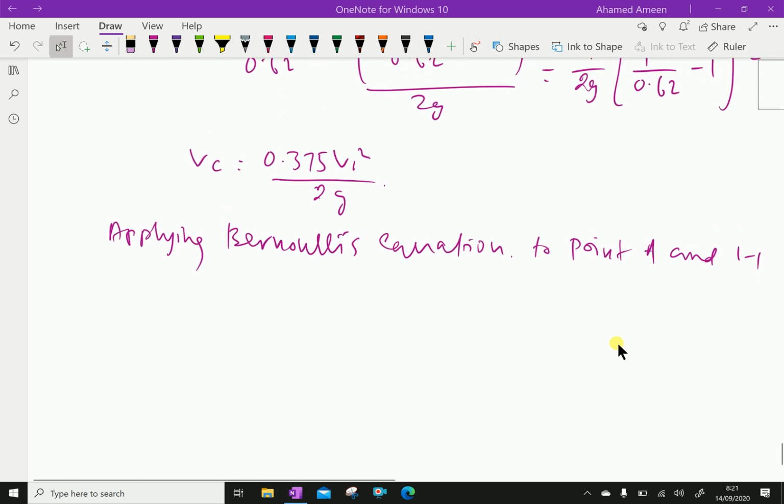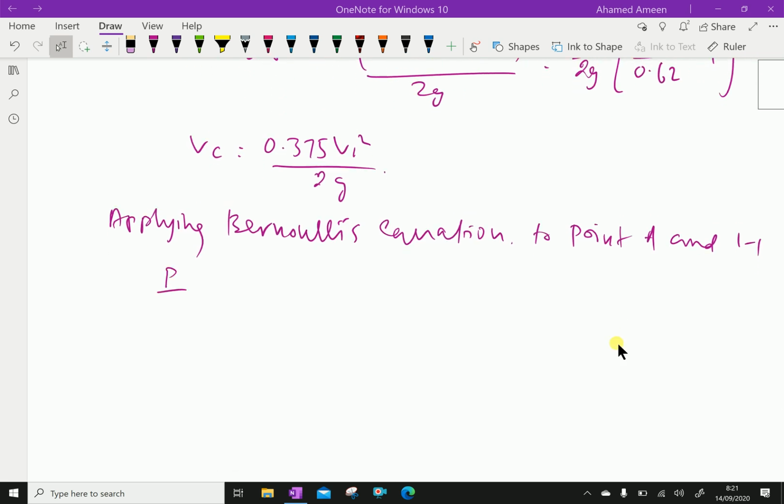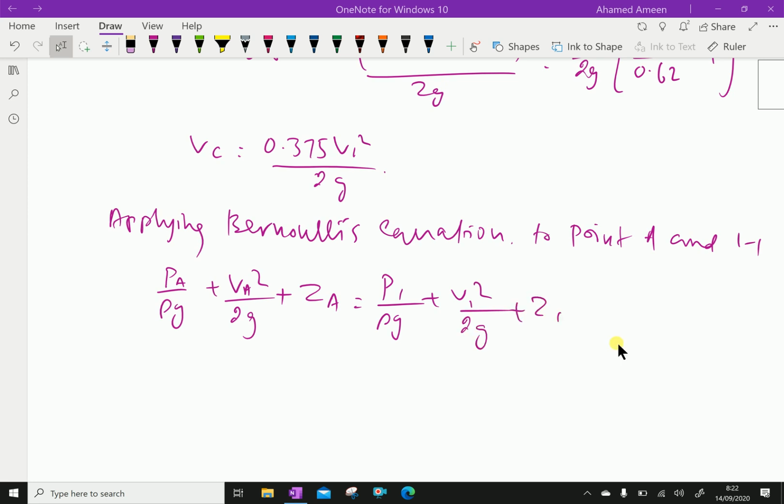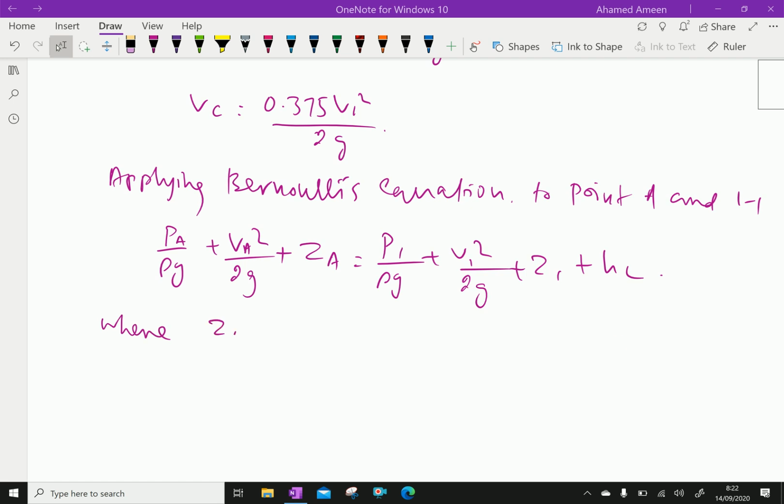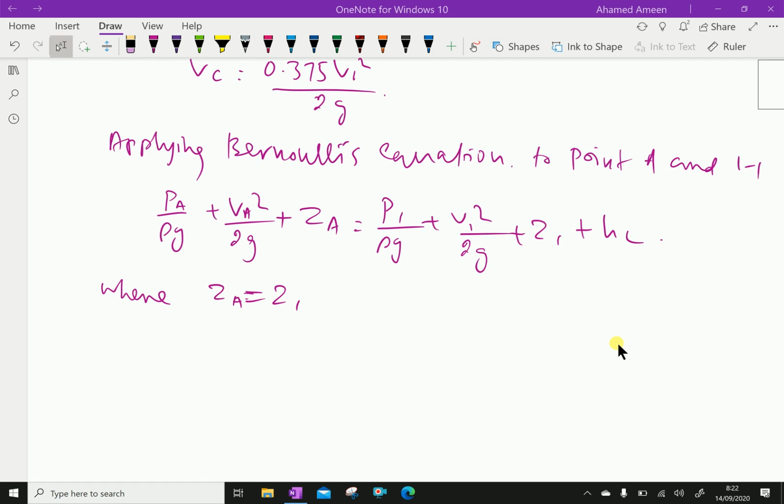PA by rho g plus VA squared by 2g plus ZA equal P1 by rho g plus V1 squared by 2g plus Z1 plus head loss hL, where ZA equal to Z1 and VA is negligible.